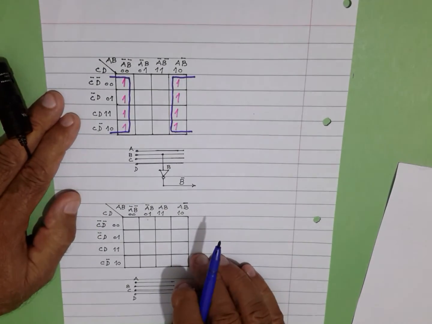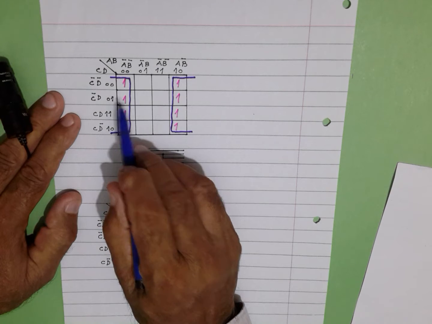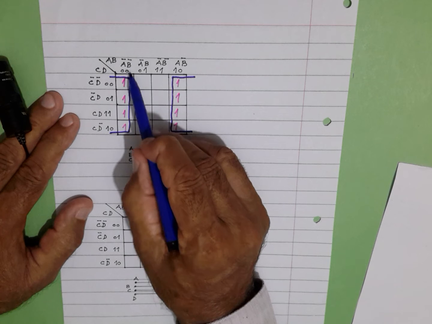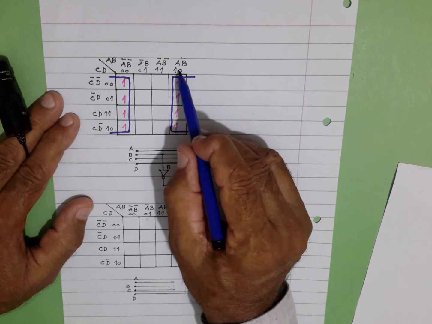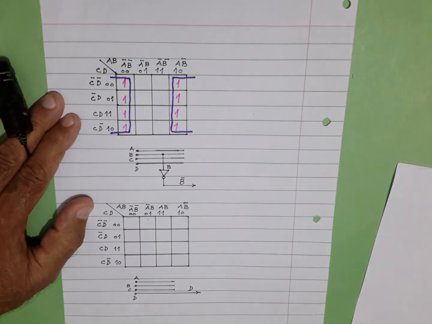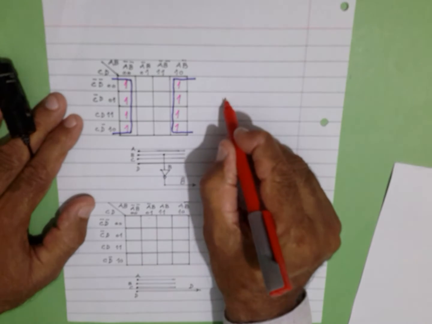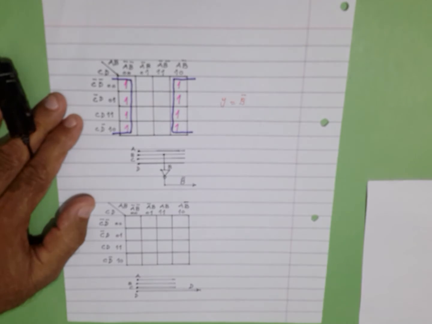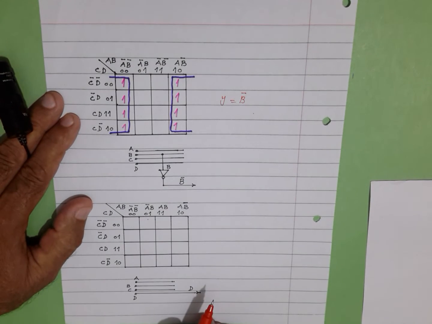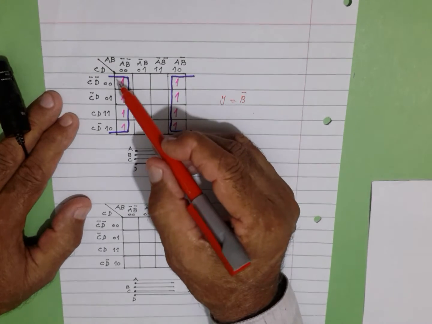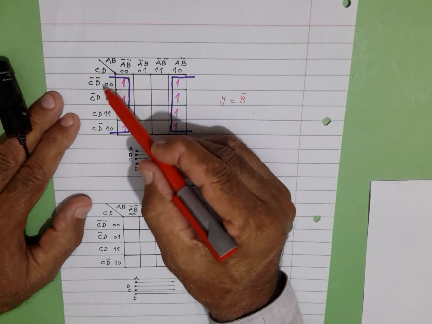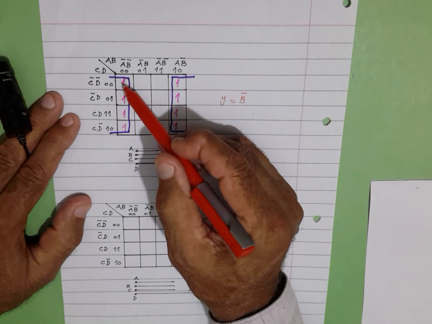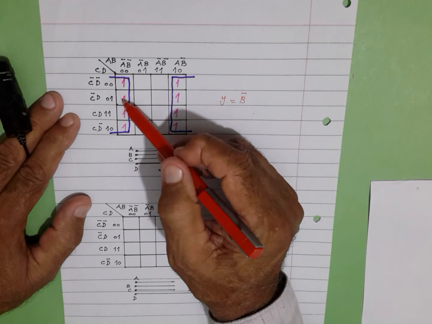Now, when we roll vertically, we see from left to right, B bar is constant, B bar is here, B bar is here. We can write function y is equal to B bar in the vertical columns, but when we roll it from top to bottom or horizontal rows, we see that C bar D bar are continuously changing from one row to the other row.